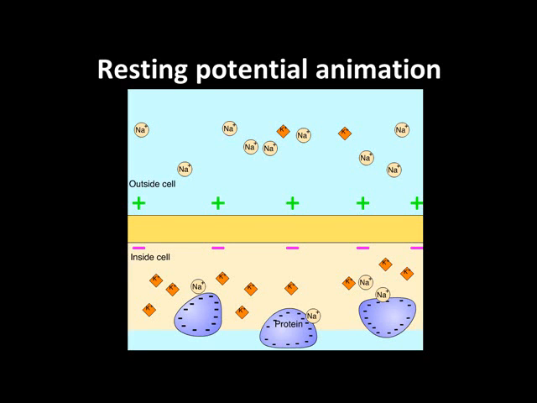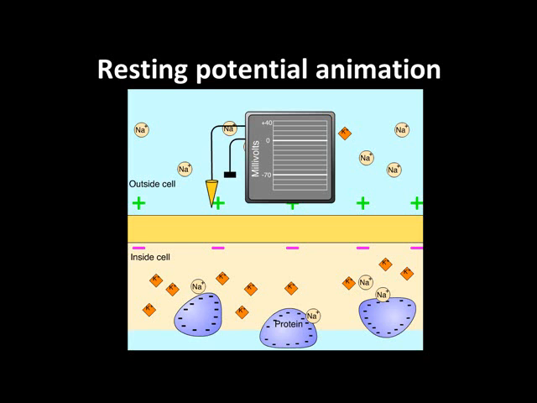The cytoplasm just inside the membrane is negative in charge, and the fluid just outside the membrane is positive. The membrane is said to be polarized. Like a flashlight battery, the difference in electrical charge carries potential energy, which can be measured as a voltage. The oscilloscope shows this charge difference, called the resting potential, in millivolts. A neuron has a resting potential of about -70 millivolts.